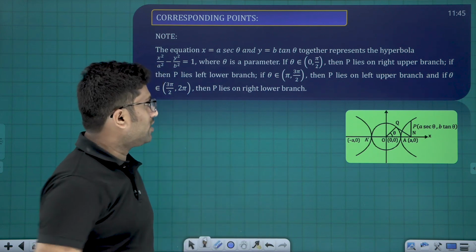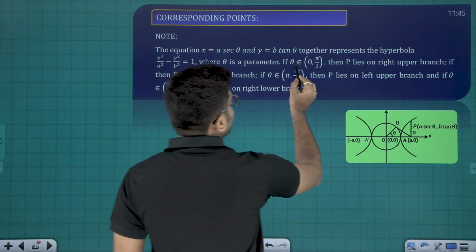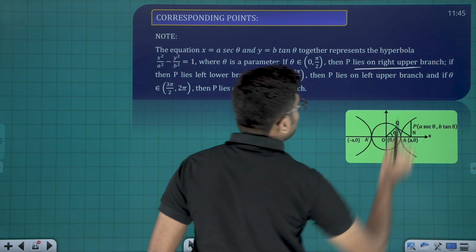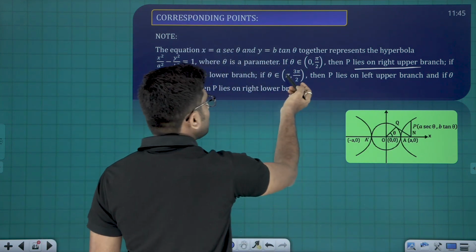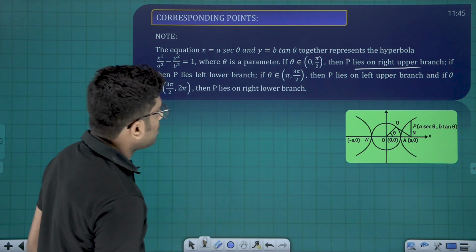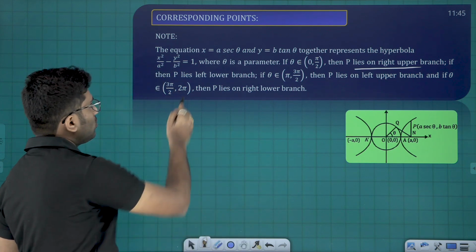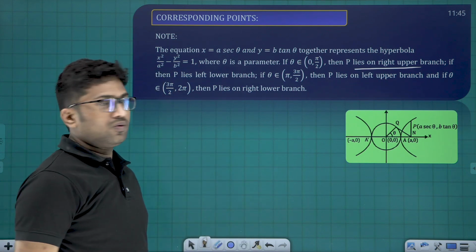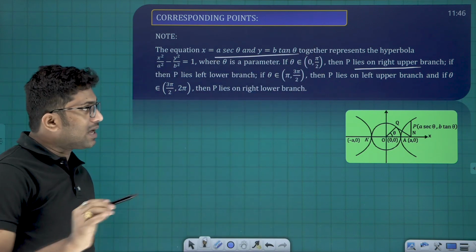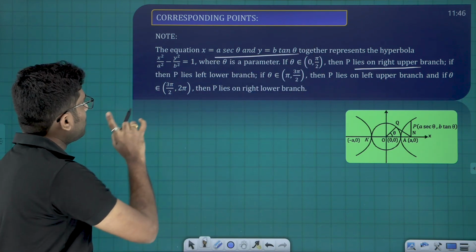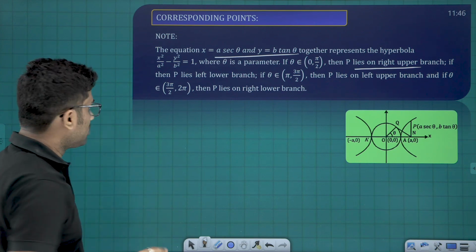If theta belongs to 0 to pi by 2, then P lies on the upper branch. If P lies on the left or lower branch, then theta belongs to pi to 3 pi by 2. Left upper branch, if 3 pi by 2 to 2 pi, P lies on the lower right branch. So A secant theta, B tan theta will be the parametric coordinates of the hyperbola x square by A square minus Y square by B square is equal to 1.